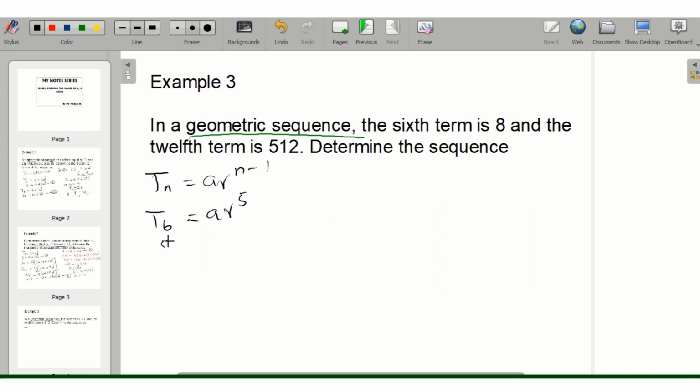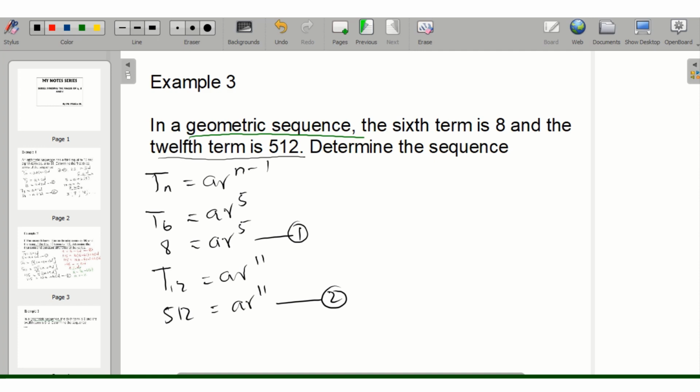And they tell us this is 8, so ar to the power 5 equals 8, and this is the first equation. And then they also tell us that the 12th term is 512. So T12 is ar to the power 11. So that's 512 equals ar to the power 11. And this is our second equation.